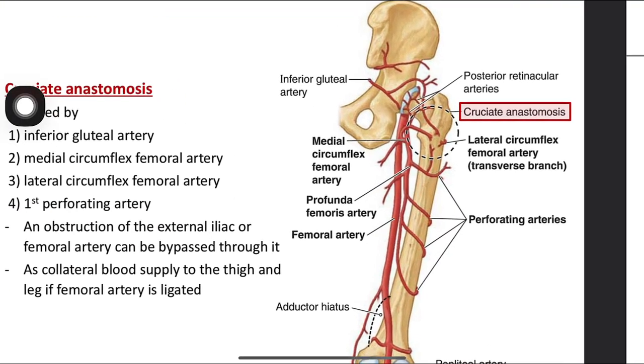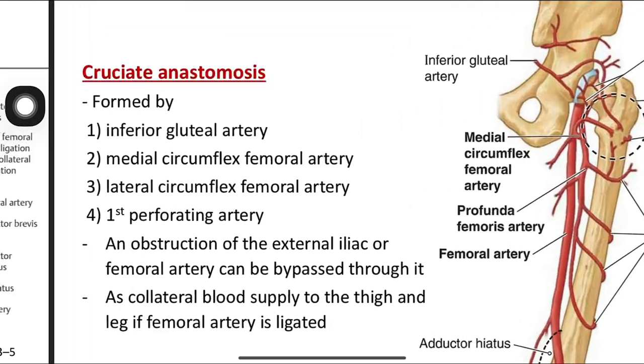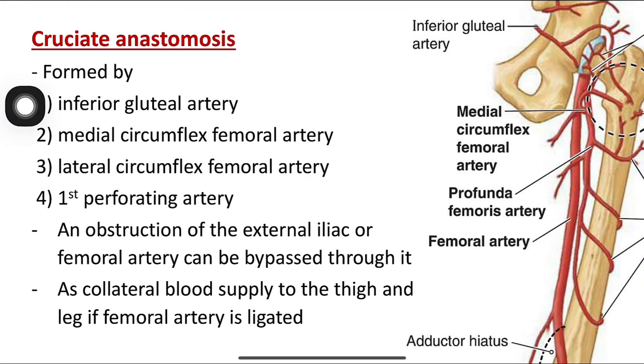Why is it important? Because if there is obstruction of the external iliac or femoral artery, let's do a categorization here. Let's do it together. The inferior gluteal artery is from which immediate blood supply? Internal iliac artery, right?